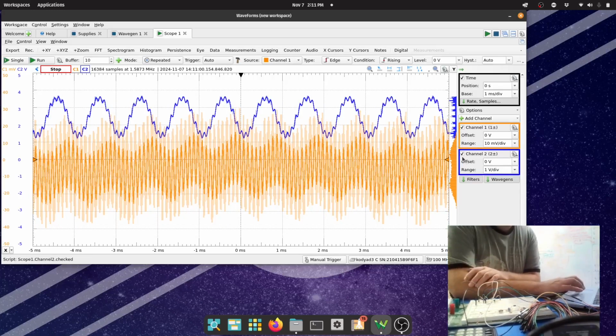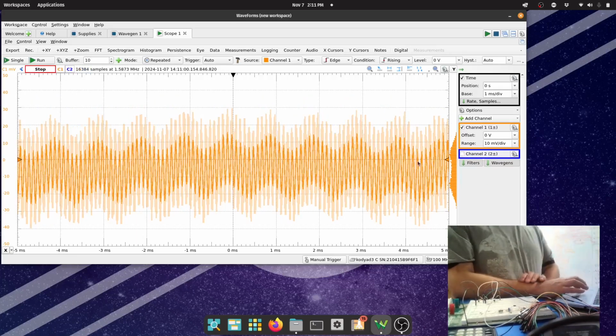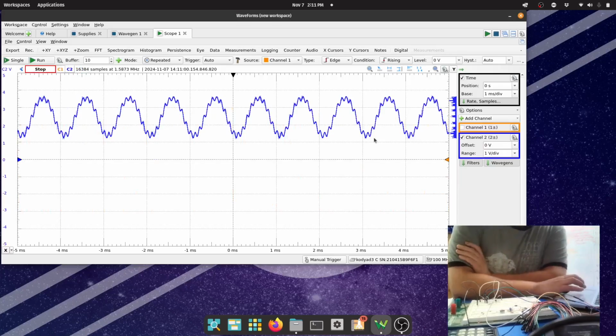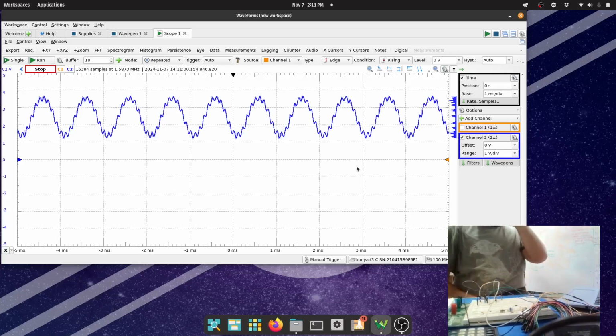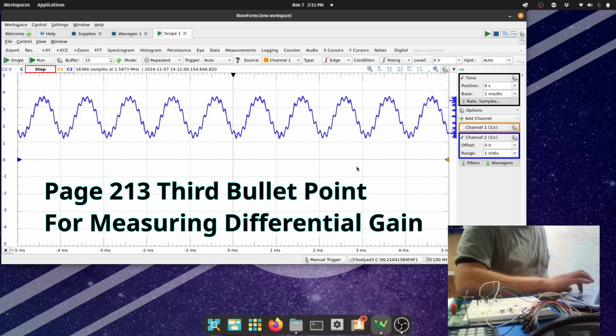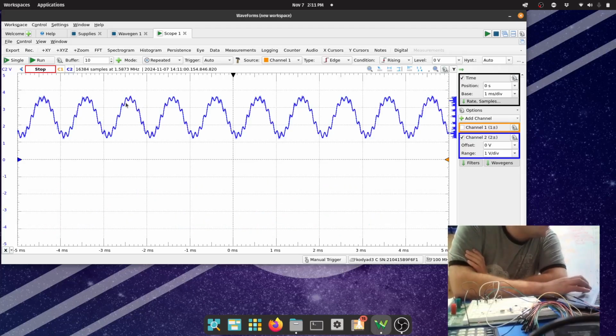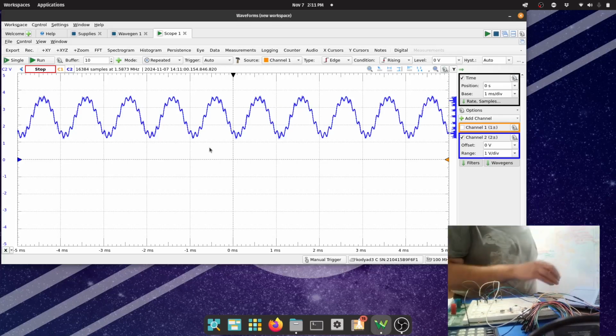Let's turn off channel 1, which is the input. Oh wait, I mean channel 2 is the output. Let's look at channel 2. So you can see the output of it. That's pretty wicked. This is the common mode, the small little blips. And the big one that we see, that's the differential output.